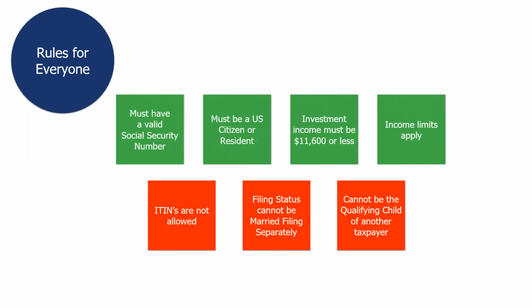That means that taxpayers with an individual taxpayer identification number, or an ITIN, are not eligible, nor are married filing separately, as is anyone who can be a qualifying child of another taxpayer. The taxpayer's investment income must be at or below the investment income limit, plus income limits do apply.